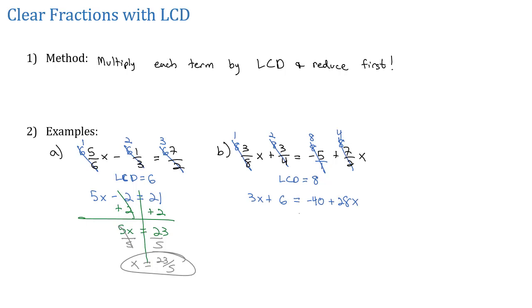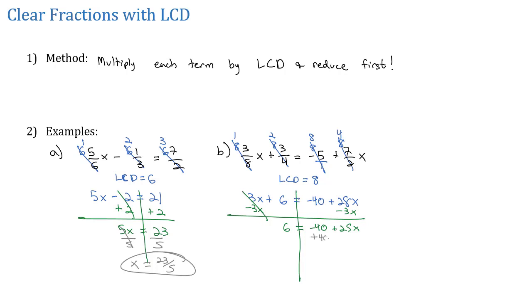And now that's going to give me an equation with no fractions that we know how to solve. X's are on both sides, so we're going to move the smaller one by subtracting 3x from both sides. That leaves behind 6 equals -40 plus 25x. With the x now on the right side, we want to move things away from the right.